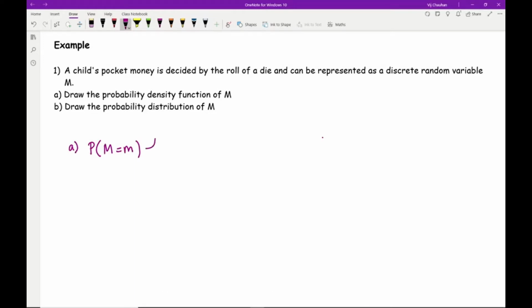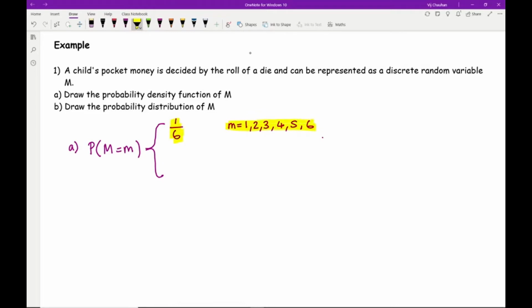The possible values that little m can take are 1, 2, 3, 4, 5 and 6, and the probability of getting each of those values, because it's a normal regular die, is going to be 1/6. So this is the probability we can use when m equals these values.